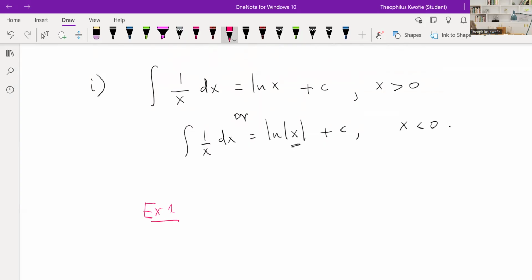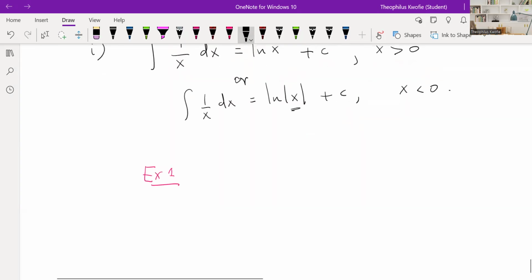Example one, we want to evaluate e to the power 4x. We want to find the integral of that.